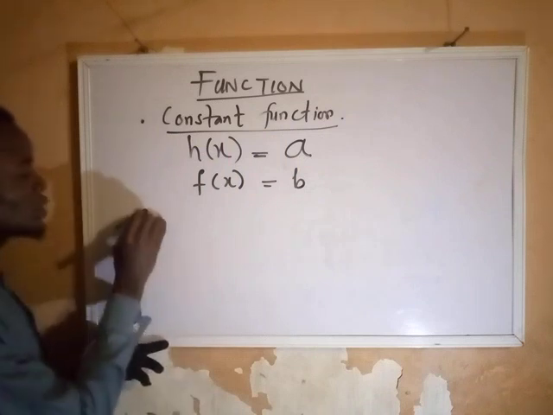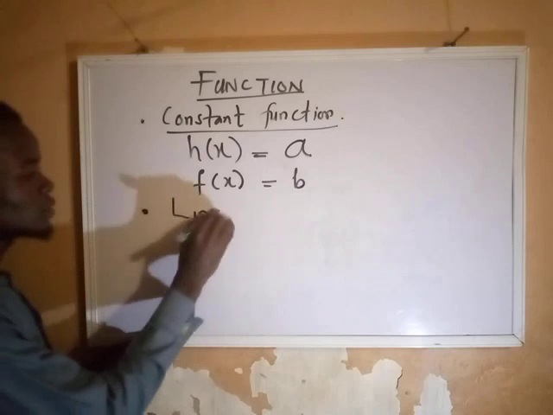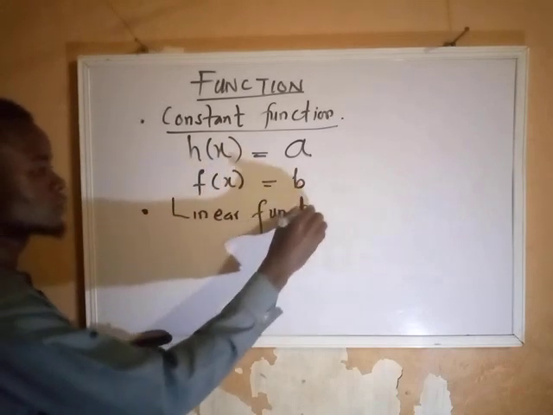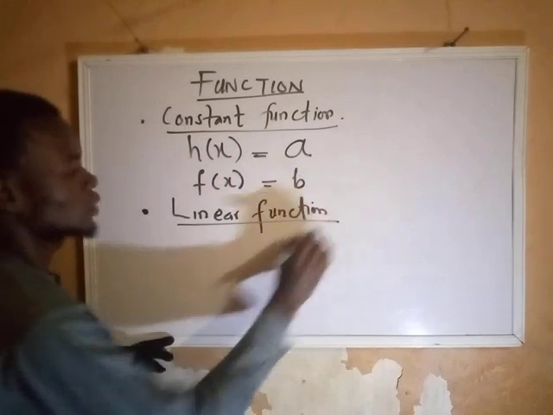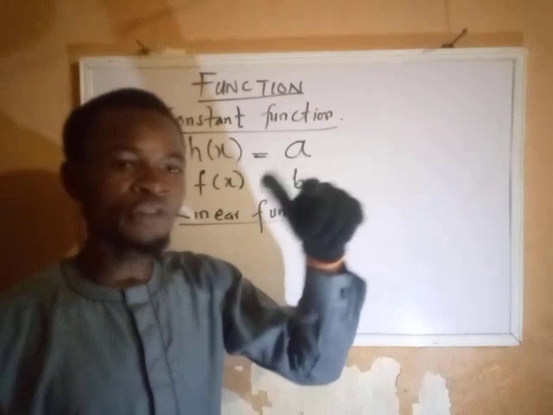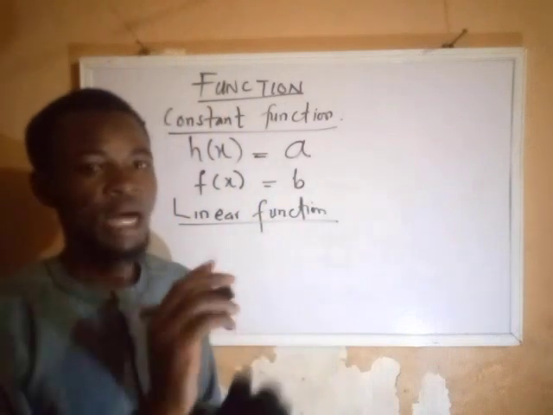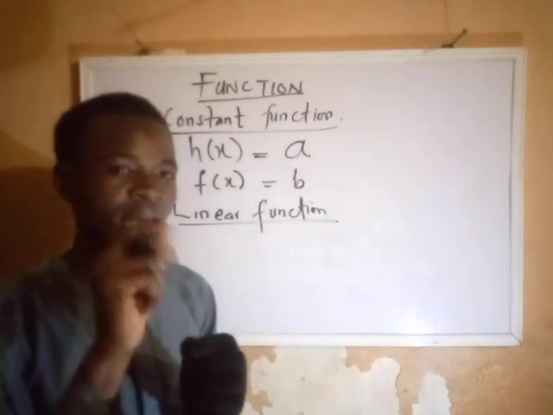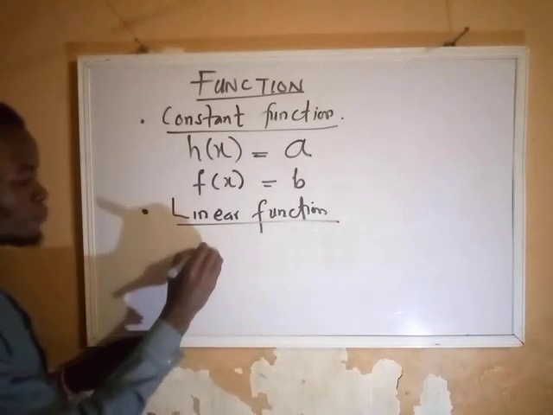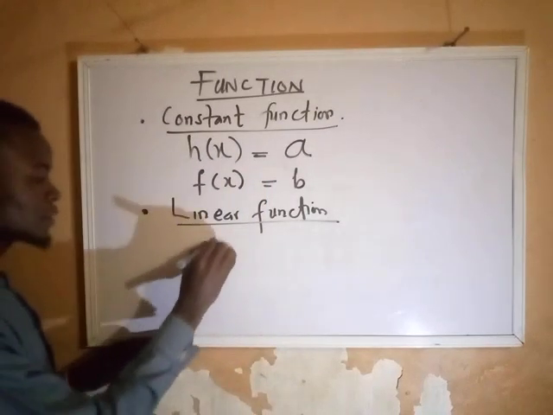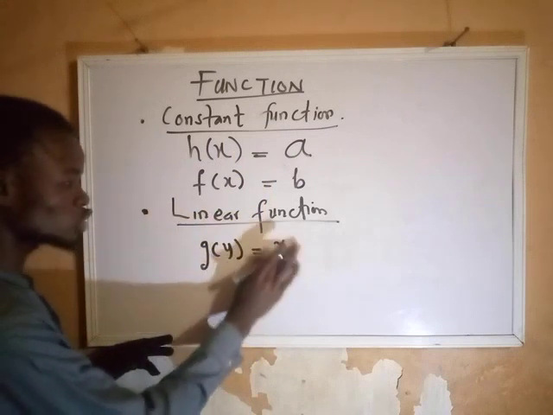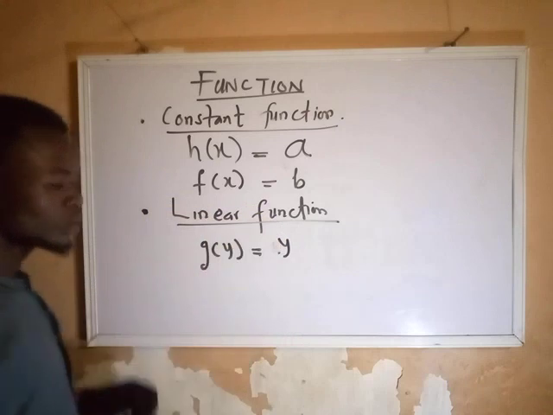The second one is the linear function. A function is said to be a linear function if the degree of the variable is 1. As far as the degree of that variable is exactly 1, we call it a linear function. For instance, if you have g of y equals y.